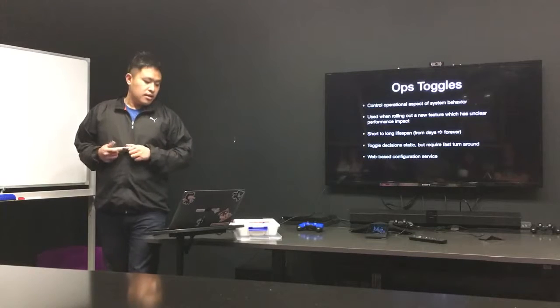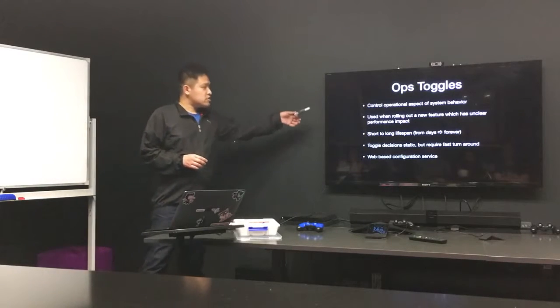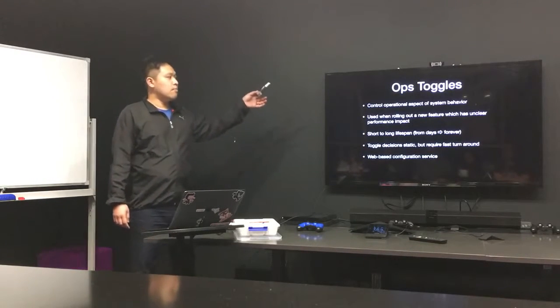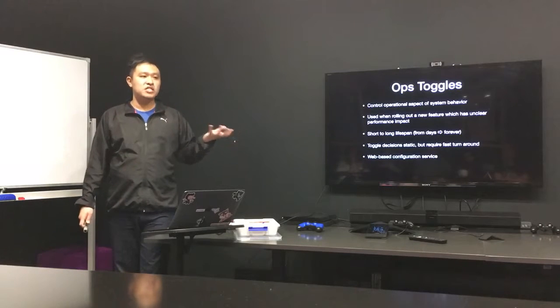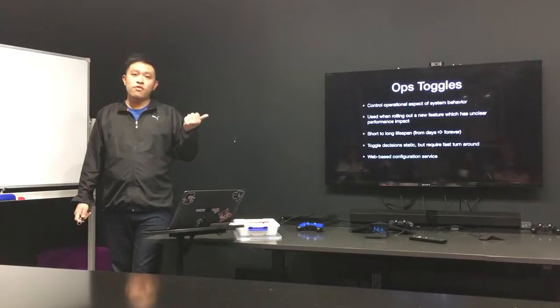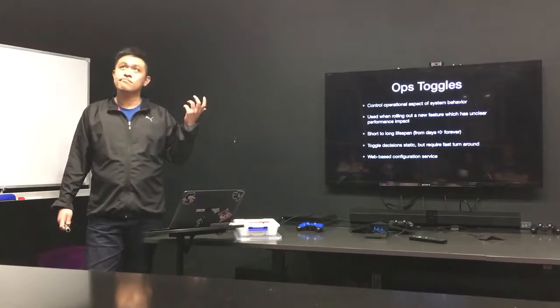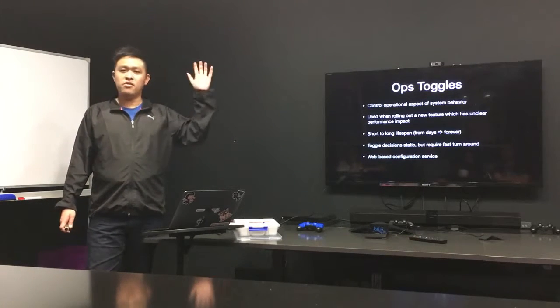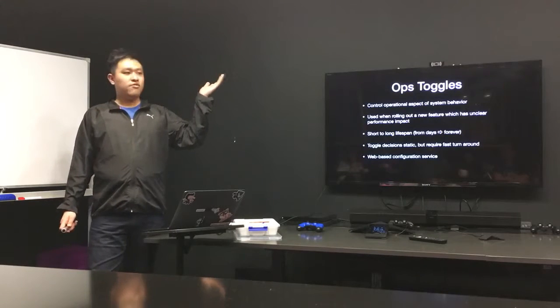The third type is operation toggles. These control the operational aspects of system behavior. If you're familiar with the term chaos monkey, how many of you have heard that? Quite a few hands.